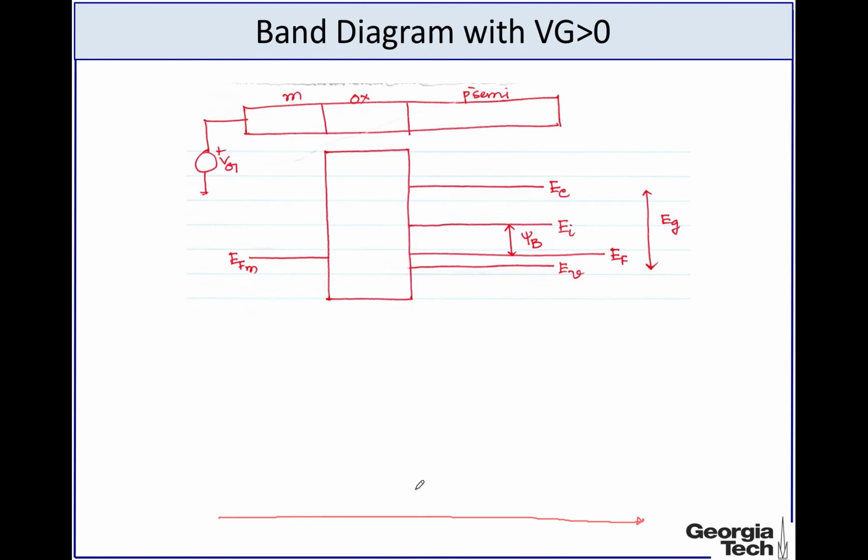This is x equals 0 and it changes like this, and this much is psi s.